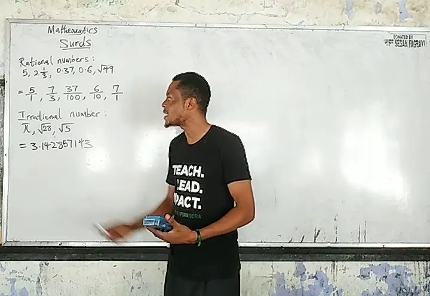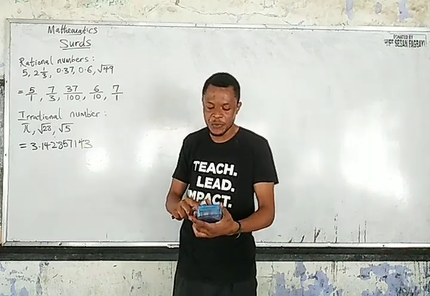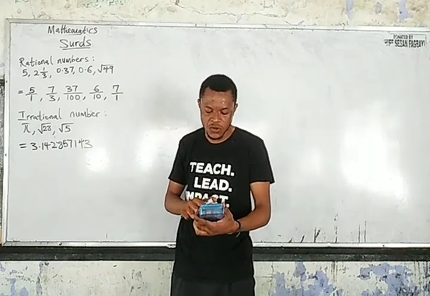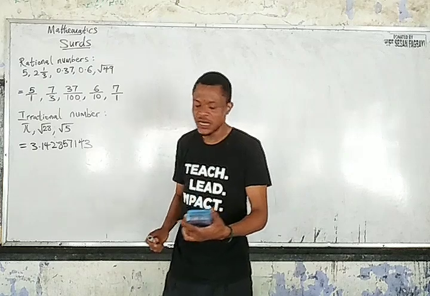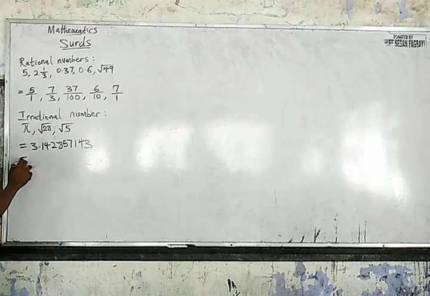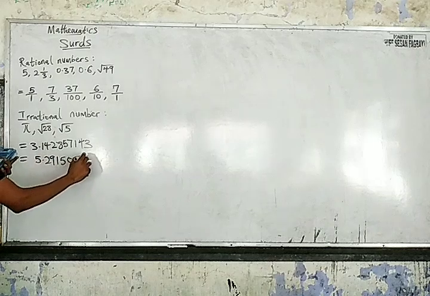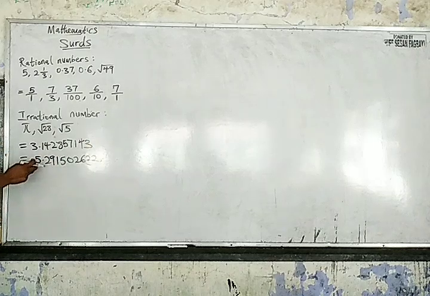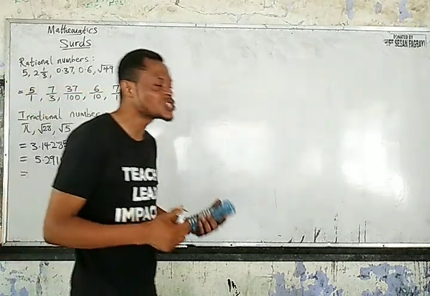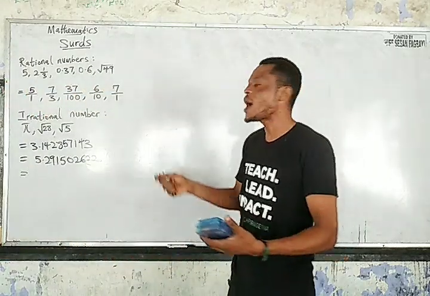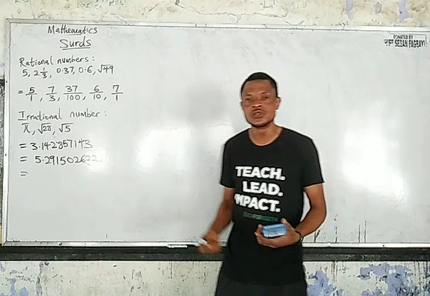Now let's take a look at root 28. Let me punch my calculator to get the exact figure. Root 28 will end up giving us 5.2915026 and 22. Quite long, and it's going to be extremely difficult to manage while working some mathematical tasks.